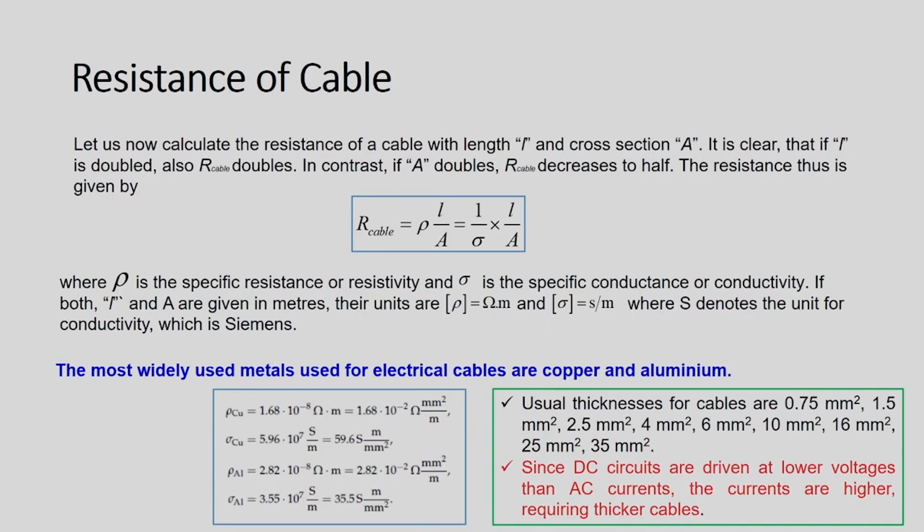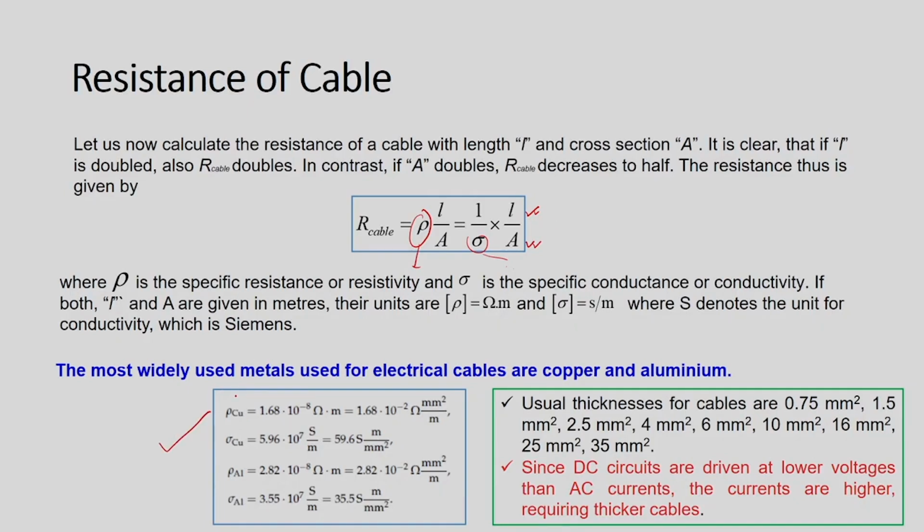Also, we know R cable is a function of rho L by A, and 1 by conductivity is L by A. So, rho is nothing but resistivity, and we can also express it in terms of conductivity. Normally L will be in meter and A is normally in square millimeter.